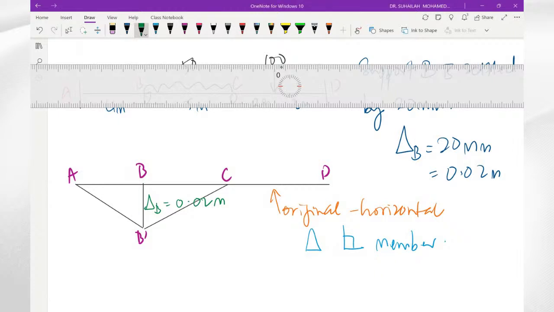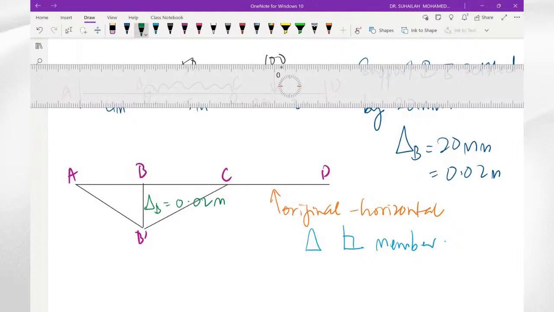Okay, 0.02 meter. Now, what will get affected from the support settlement is member AB and member BC. This means that FEM AB and also FEM BC will have the FEM value.